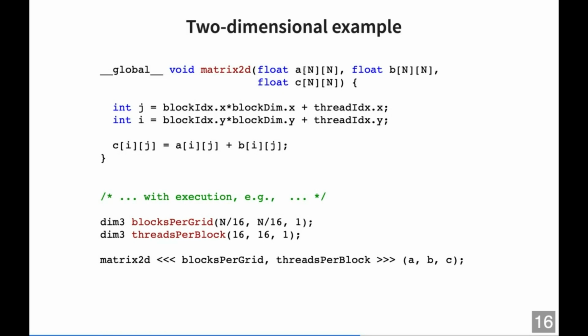Some people may be slightly surprised to see that I've used J as the variable associated with the x direction and I with the variable associated with the y direction. There is actually a reason for this, which we will come on to this afternoon. That's not just an accident.